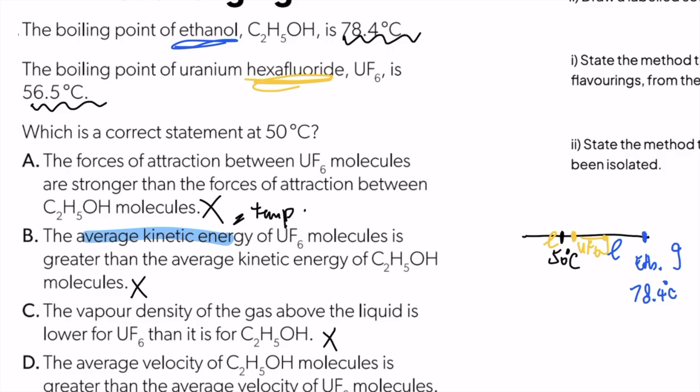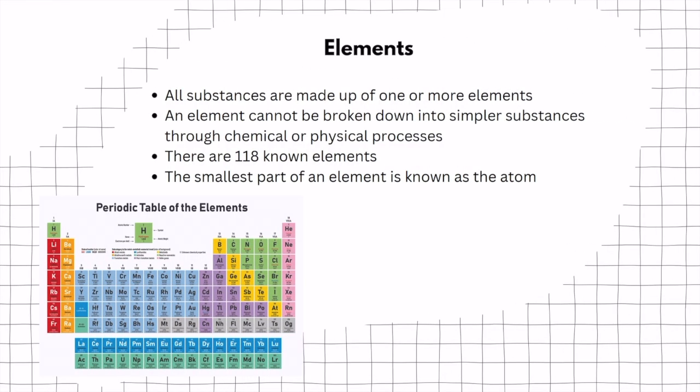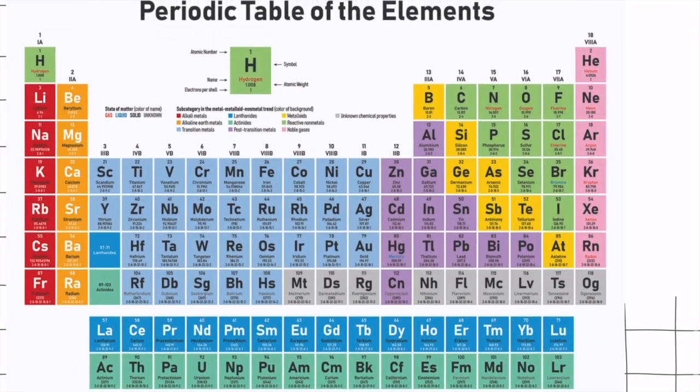D, the average velocity of ethanol molecules is greater than the average velocity of UF6 molecules. So this option looks kind of tricky, but it really depends on the molecular mass. If we go back to our periodic table, on your exam you'll have a periodic table, and we find uranium. Oh, uranium is here. Uranium is one of the heaviest elements in the periodic table.